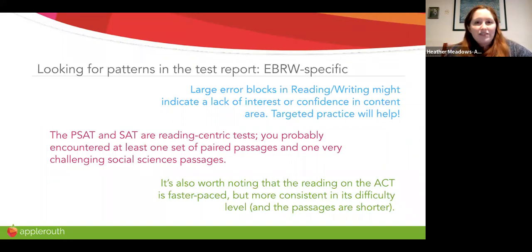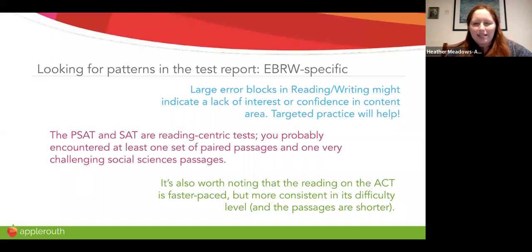Right, we talked about some specific things in reading and writing, right? Large error blocks might indicate a lack of interest or confidence in an area. So again, maybe there's one reading passage that you remember. You're like, oh my gosh, there was this passage about seashells that was awful, right? Maybe you need to work more on reading scientific passages or something.